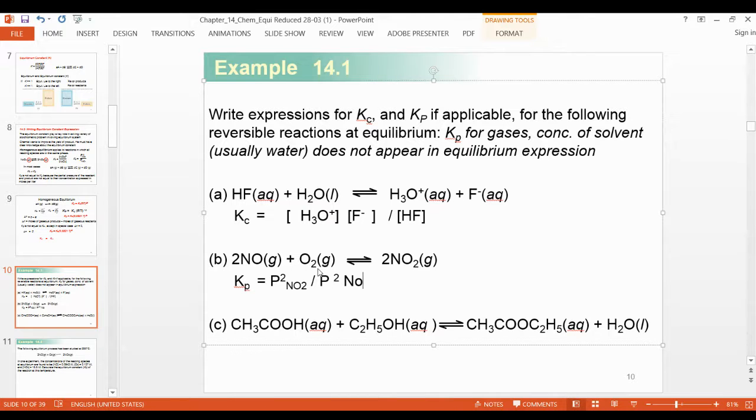NO. Okay, so this I will write at the bottom here. Yeah, like this. So in place of the bracket you have to write P, that means showing concentration.